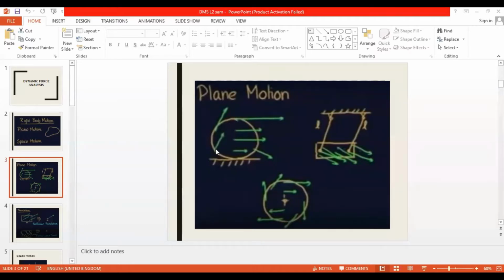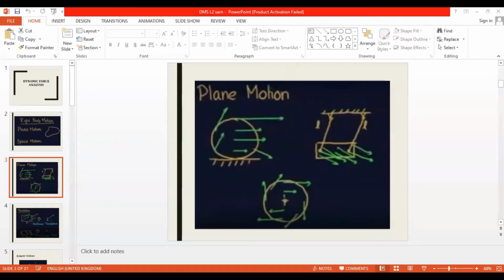These arrows are indicating the motion of each particle. So a particle, if it is somewhere here on the edge, would have a motion which is tangential to the surface.